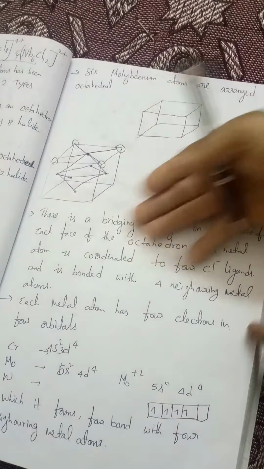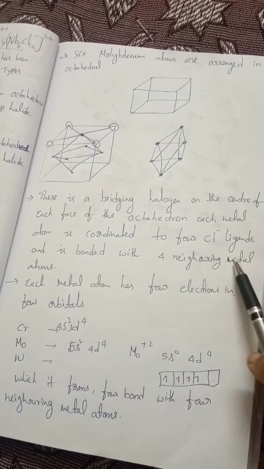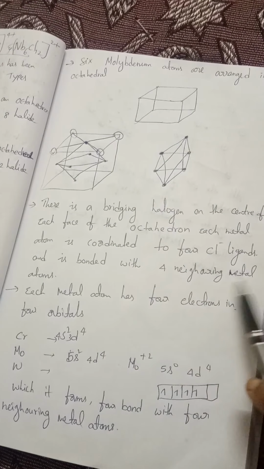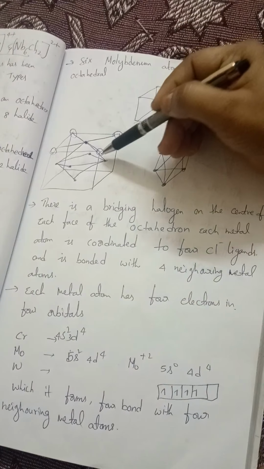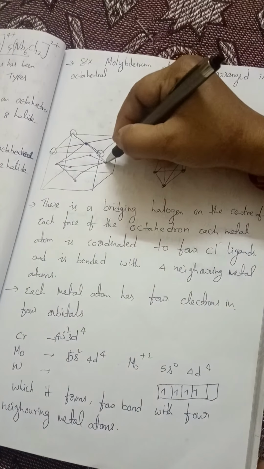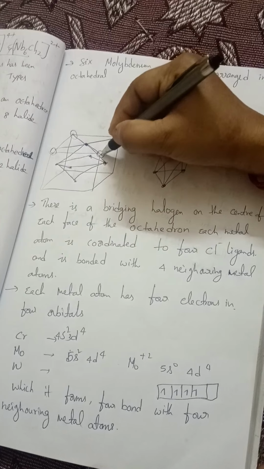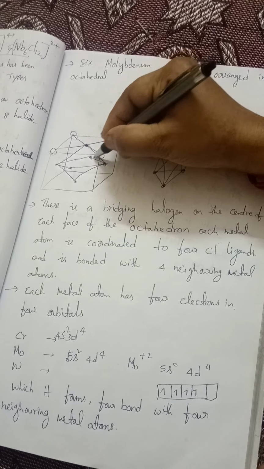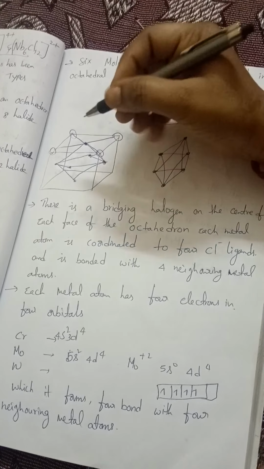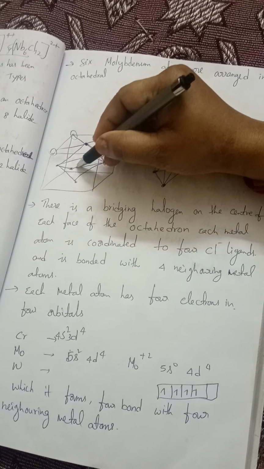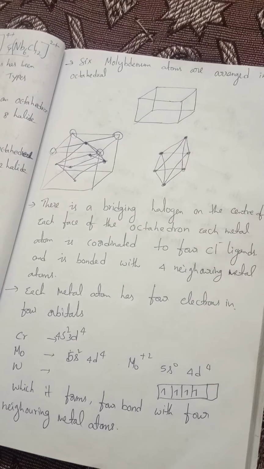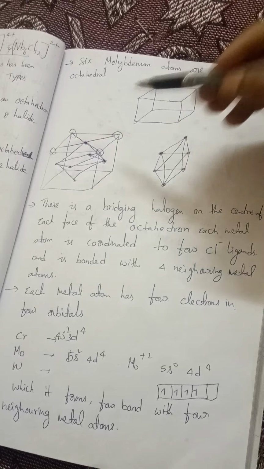Each metal is coordinated to 4 chlorides and bonded with 4 neighboring metal atoms. Each chloride is also attached to 4 neighboring metal atoms: this one, this one, this one, and one more. Each chloride is surrounded by metal atoms.